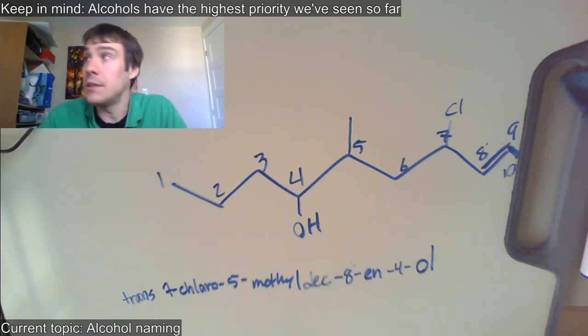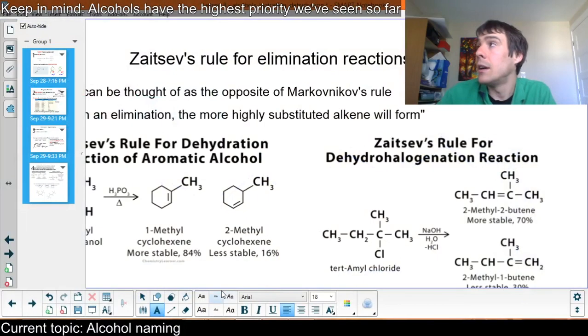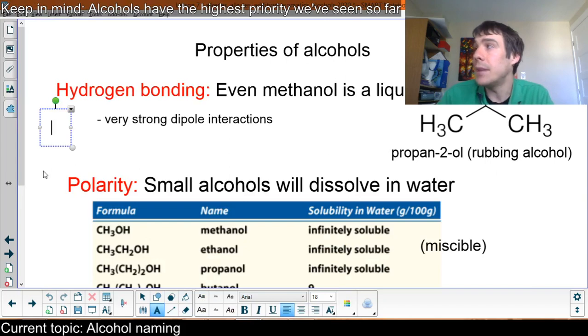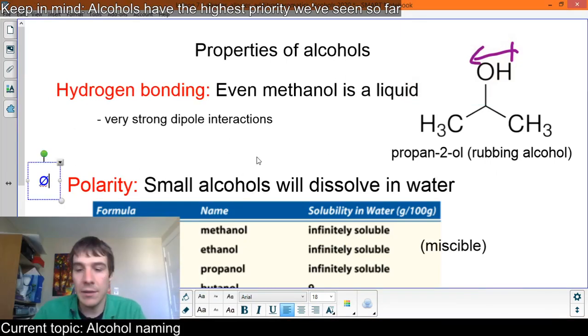We're going to quickly jump over to the properties of alcohols. Here are the properties of alcohols. They have hydrogen bonding, so if you remember, hydrogen bonding is this very strong dipole interaction. So even methanol is a liquid. It's got a very strong interaction.